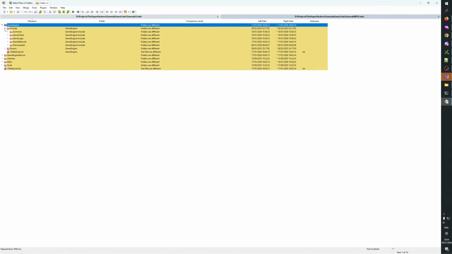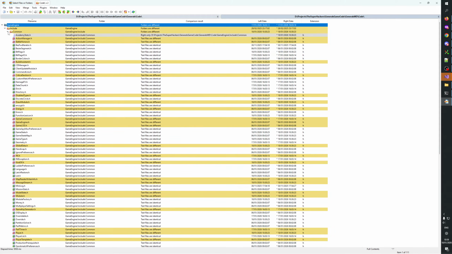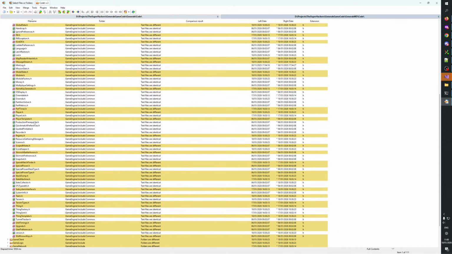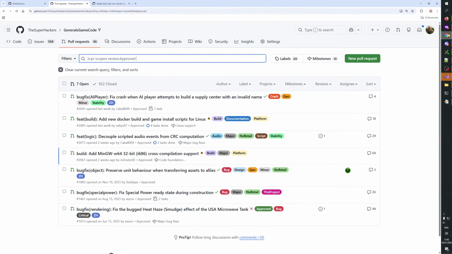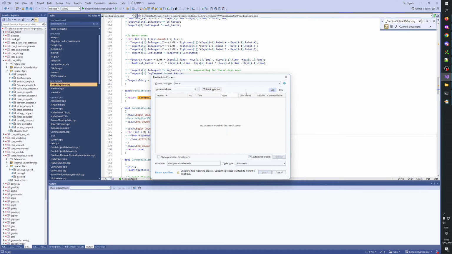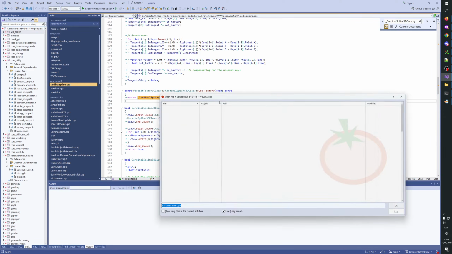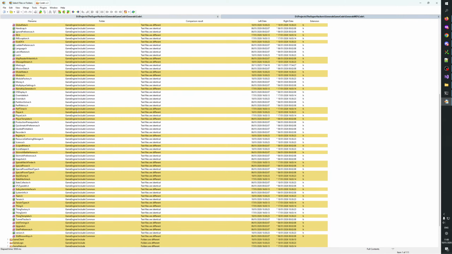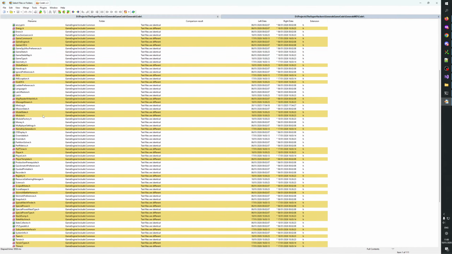So include. So we're looking for particle system, yeah? Particle system. Particle sys, there we go. Game client. Game client particle.